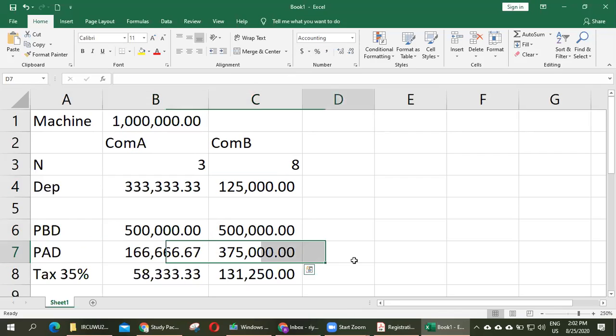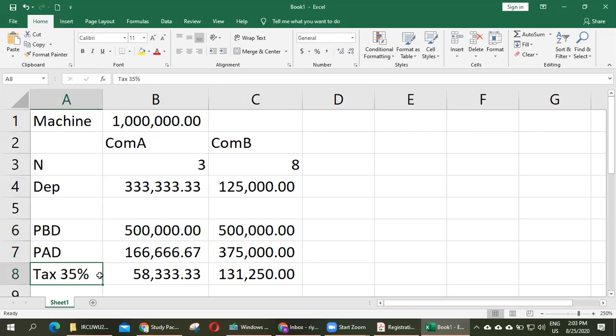This is profit before depreciation, this is depreciation, and we deduct the depreciation from profit before depreciation. We get profit after depreciation. For company A, it is 166,666 rupees. For company B, 375,000. Assume that the corporate tax rate is 35%.